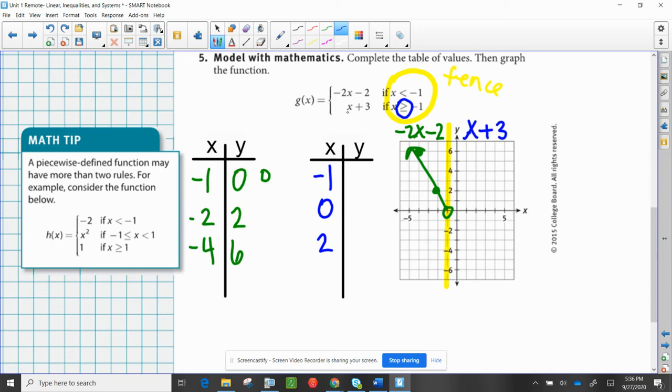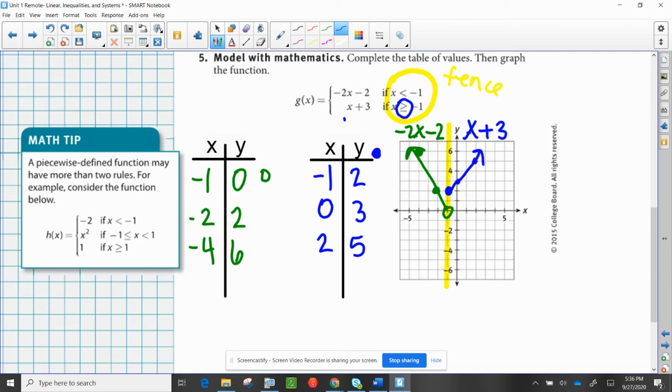But let's plug it in. -1 plus 3, that's going to give me 2. 0 plus 3, that's 3. 2 plus 3, that's 5. So at -1, 2, that's where I get the closed circle because of the equal to. 0, 3, that's my next point, 2, 5.